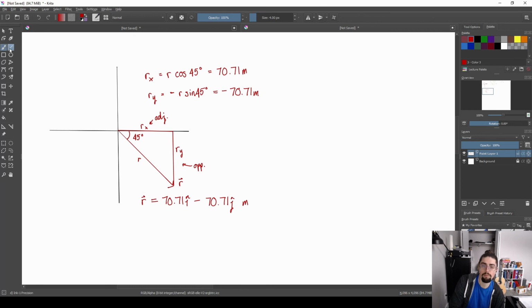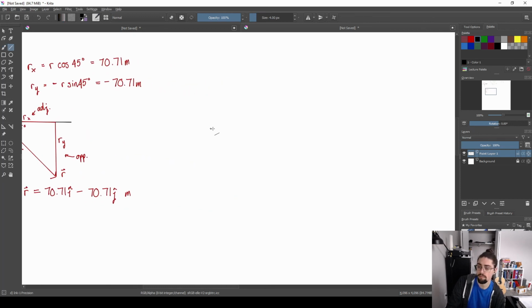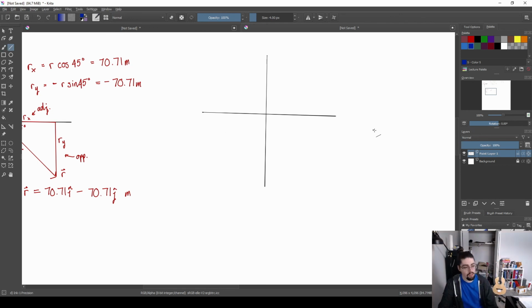So, let's take a look at another one. Draw our axes real fast, draw them very badly because my hands are shaky, because there is a consequence to drinking this much coffee. Now we have our velocity vector v, 300 meters per second, 20 degrees above the positive x-axis. So we start at the positive x-axis and go 20 degrees up from that.